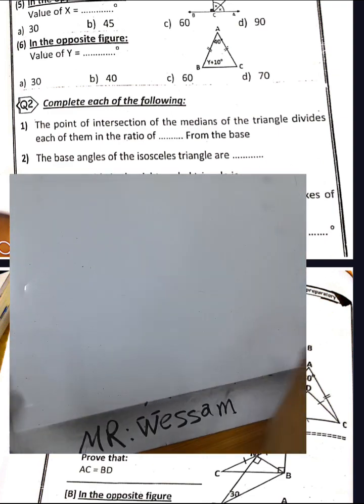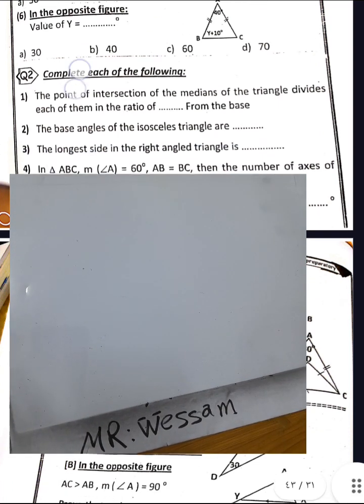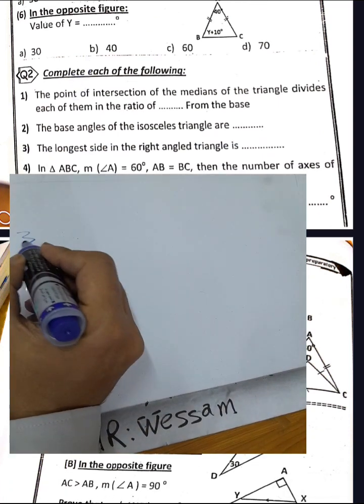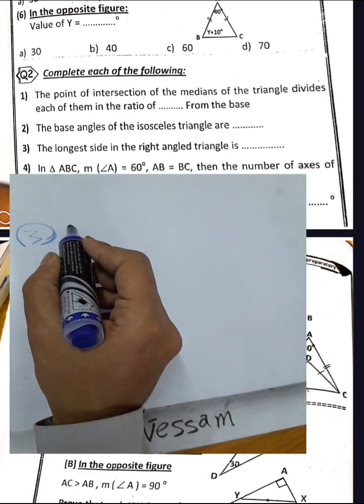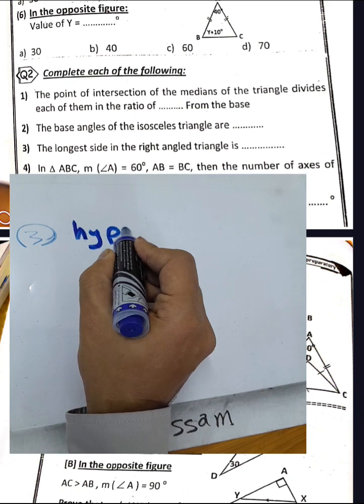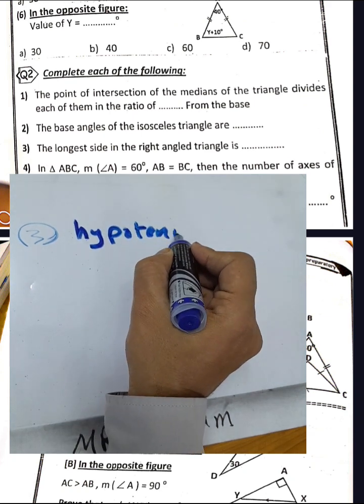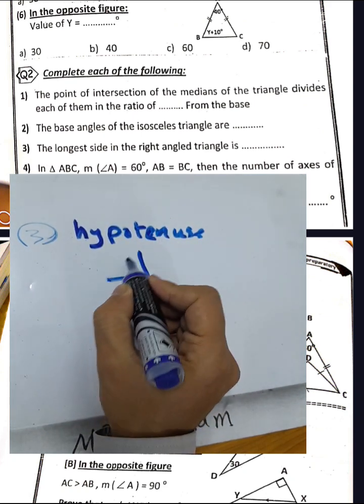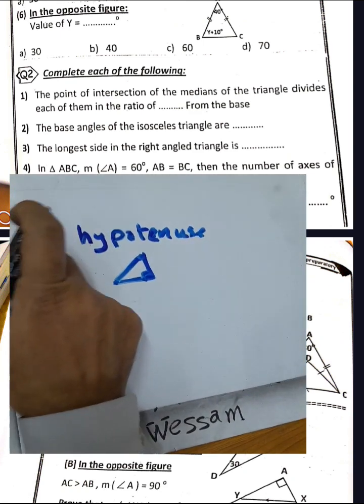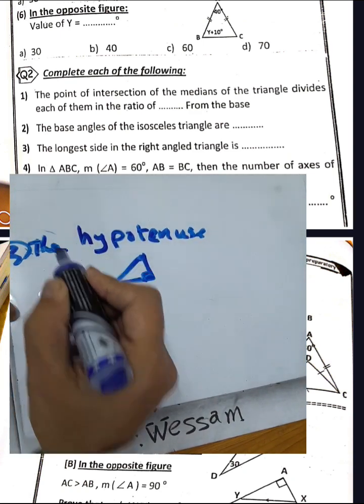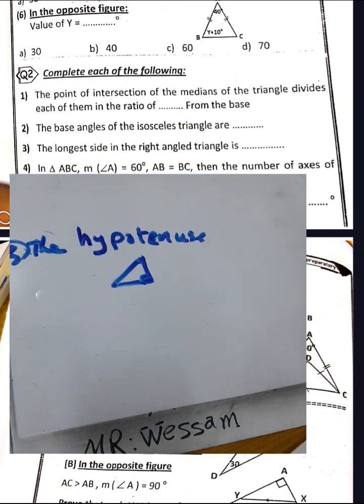Question number 3. The longest side in the right angle triangle is the hypotenuse. We have a right angle triangle. The longest side in the right angle triangle is the hypotenuse.